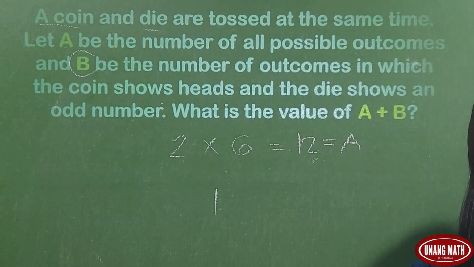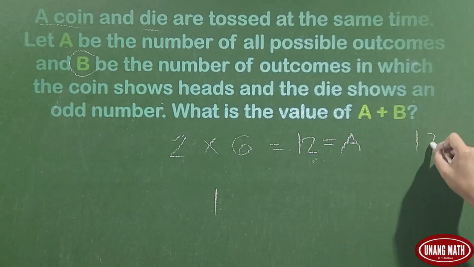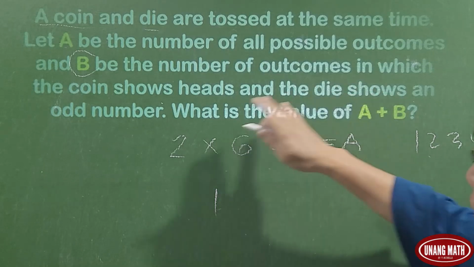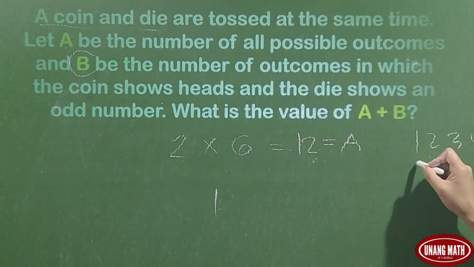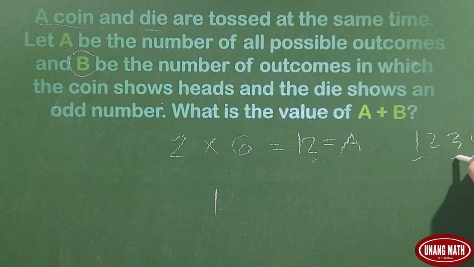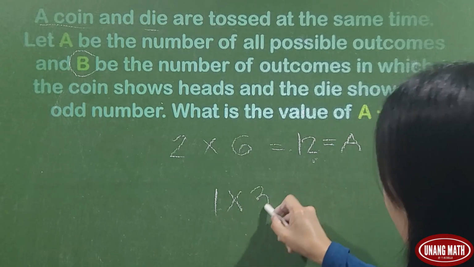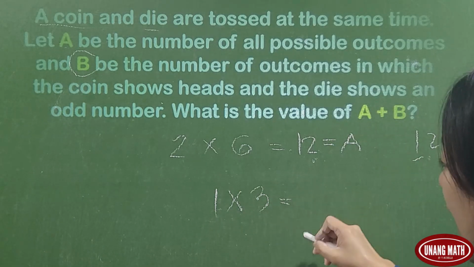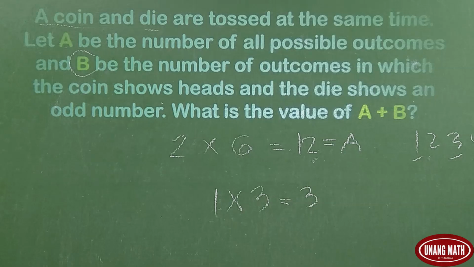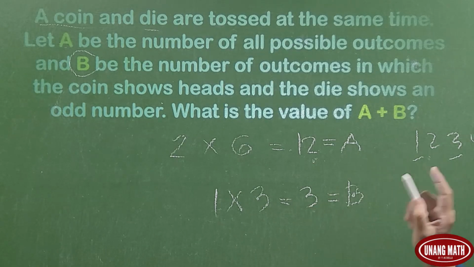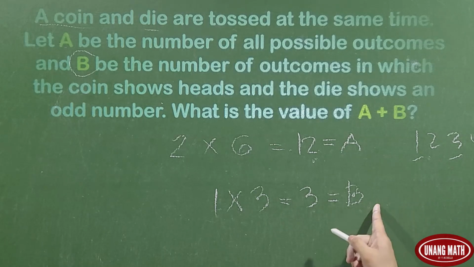Die has 6 faces: 1, 2, 3, 4, 5, 6. For a die to show odd numbers, here are 1, 3, and 5. So we have 3 odd numbers. So we are going to multiply 1 by 3 and it gives us 3. So it means 3 is our B, or the value of B.